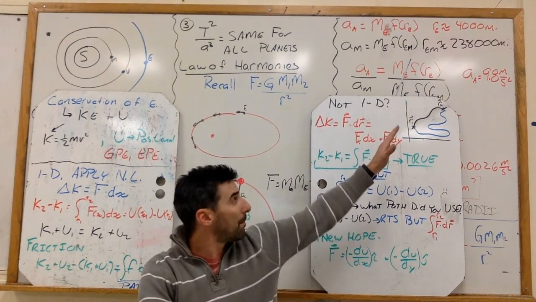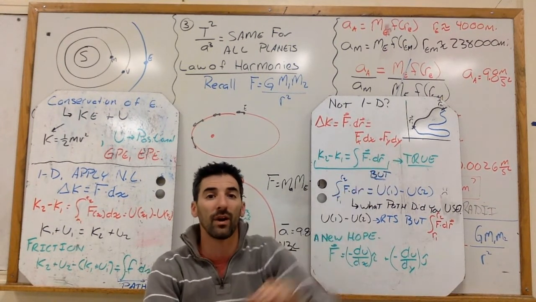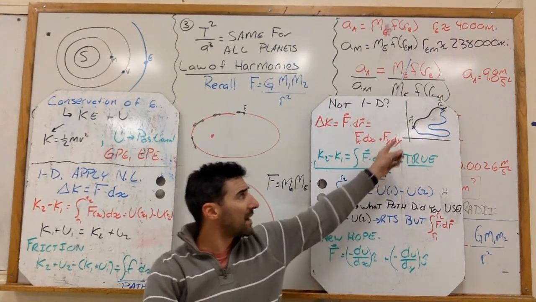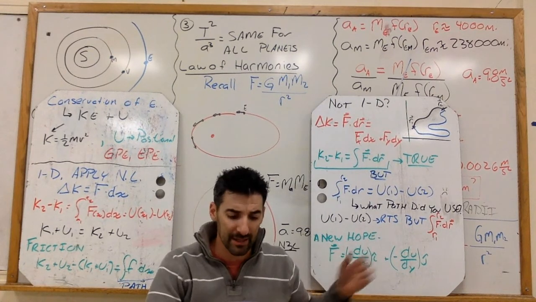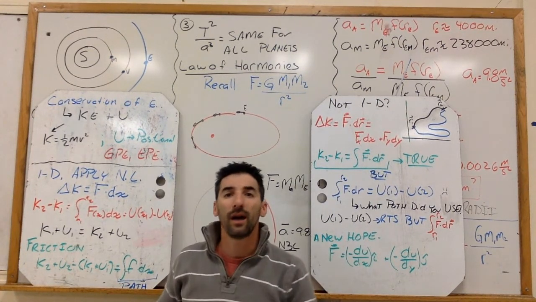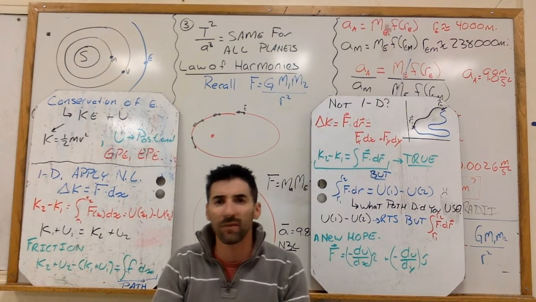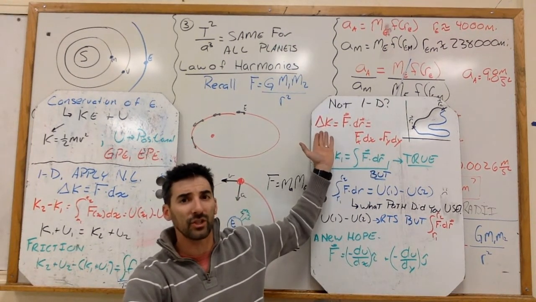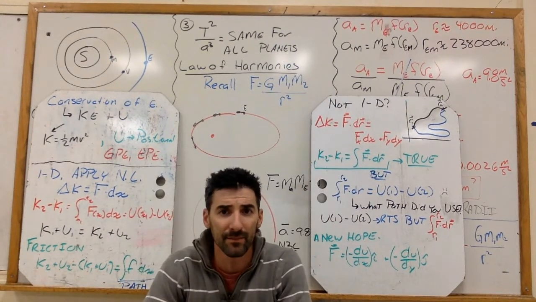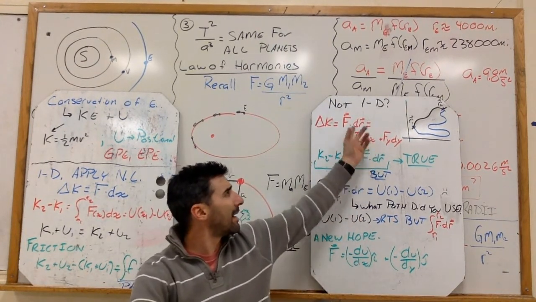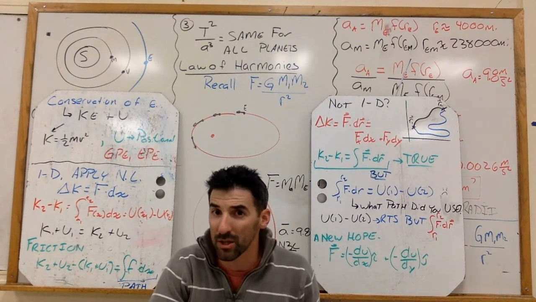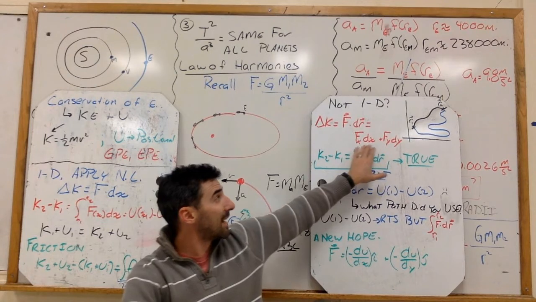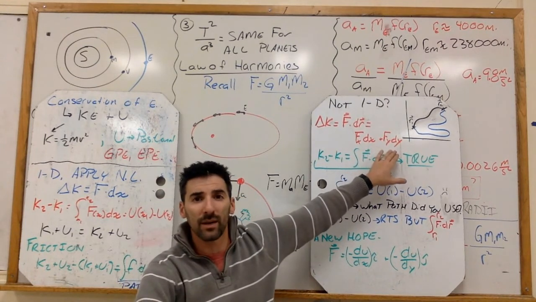Well, up on my left here, or your right of the screen, what if it's not in one dimension? What if I start at R1 and I make it to R2 and I go one of two different paths? Well, I know my conservation of energy, change in kinetic energy, is F dot dr. And I may now have multiple components, say x components and y components, which means I have Fx dx and Fy dy.